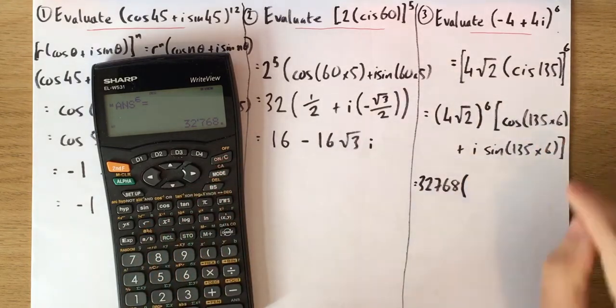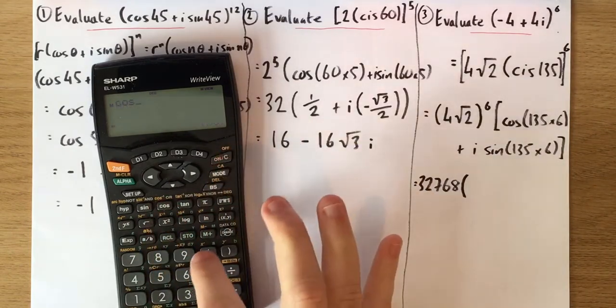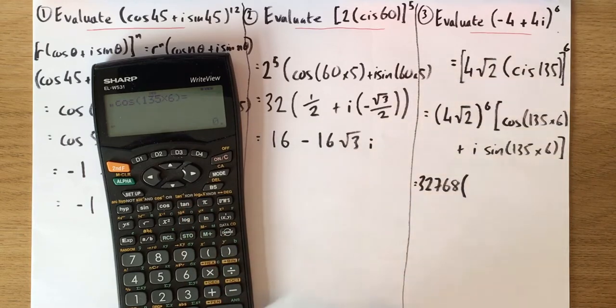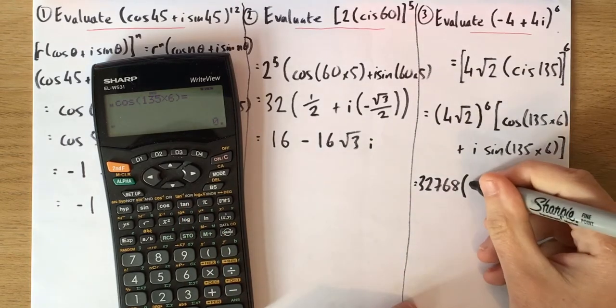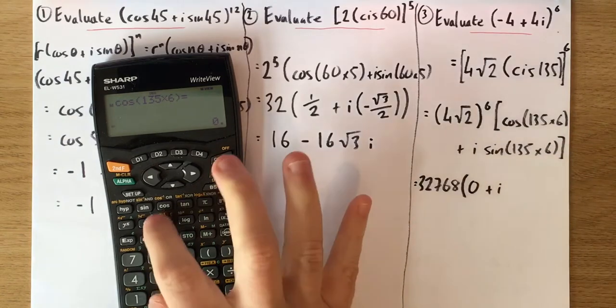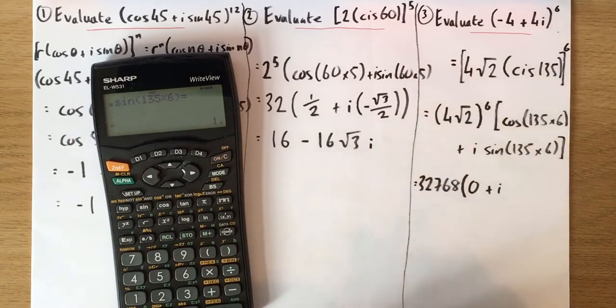You can rewrite this out and evaluate it, or just plug it into the calculator as it is there. So cos 135 times 6 is 0. Plus I times the sine of 135 times 6 is 1.